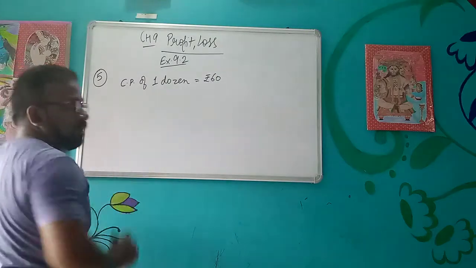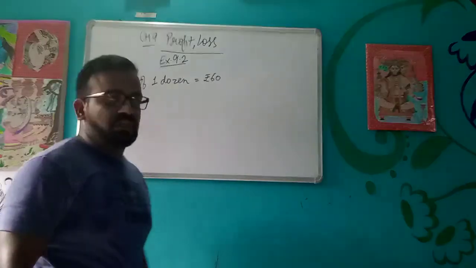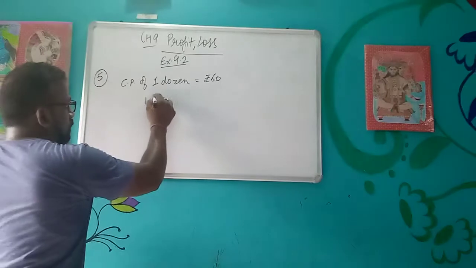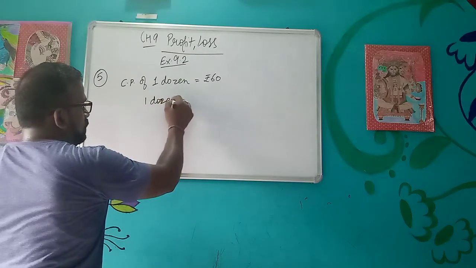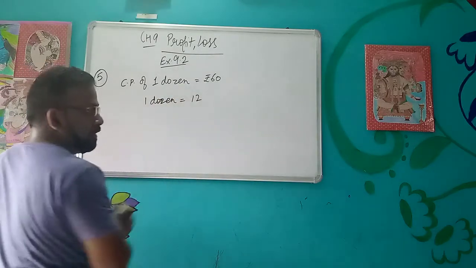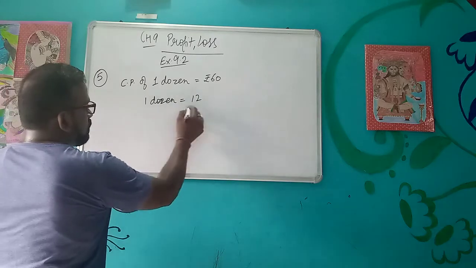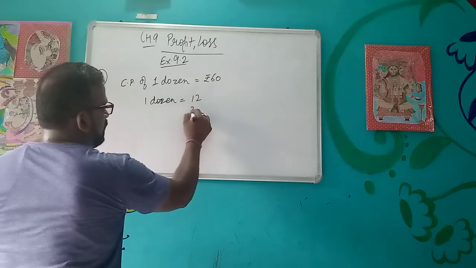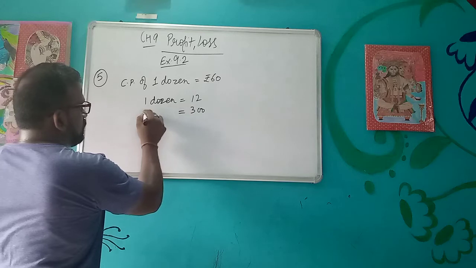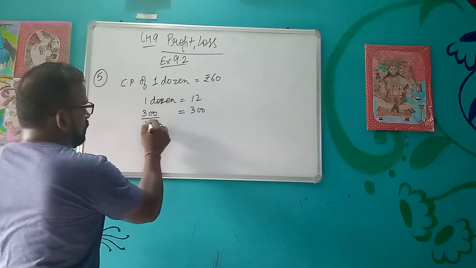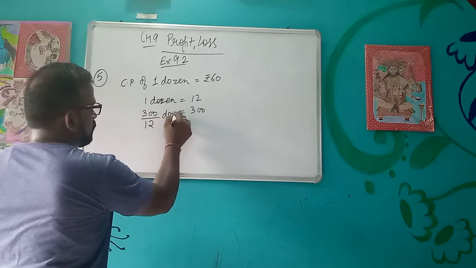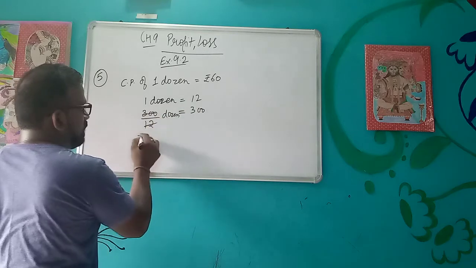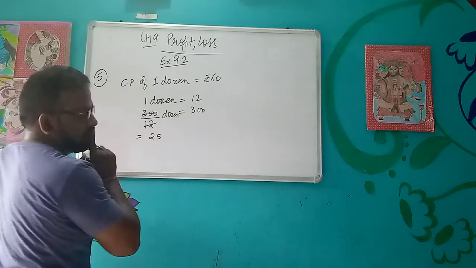So first we will calculate the number of dozens in 300. What we know is that 1 dozen is equal to 12 units. So 300 units is equal to 300 upon 12 dozens. When you calculate, you will get 25 dozens.